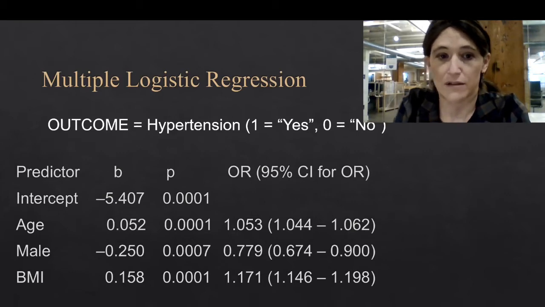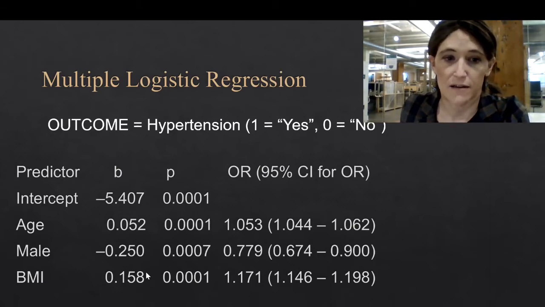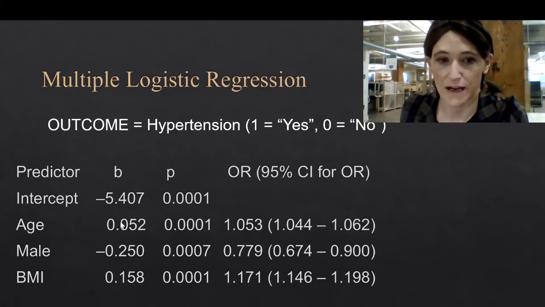Do notice that in our output here, we do have the beta coefficients. And like I said, a negative value indicates lower probability of the outcome. A positive value equals a greater likelihood of the outcome.